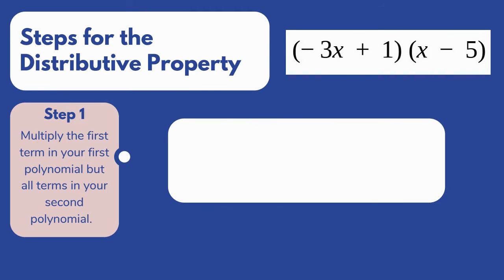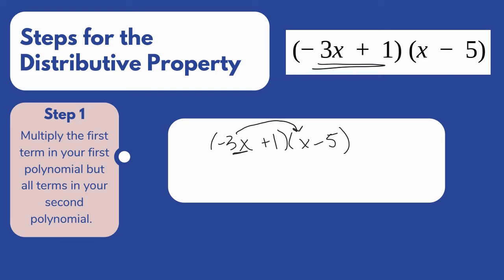Now that we've seen an example with the box method, let's try out the distributive property. The distributive property says to multiply the first term in your first polynomial by all of the terms in your second polynomial. So I'll rewrite our problem right here: negative 3x plus 1 times x minus 5. In step 1, I'm going to take the first term, negative 3x, and multiply it by everything in the second parentheses.